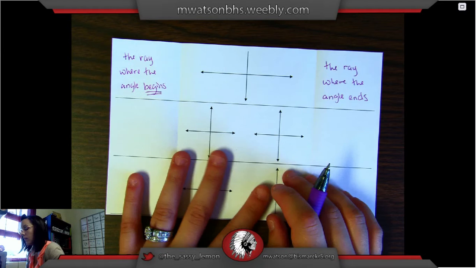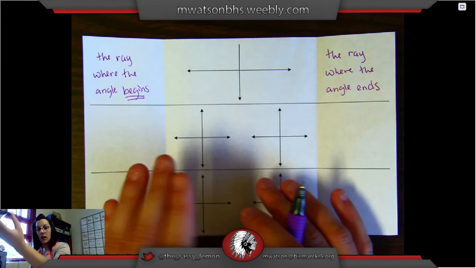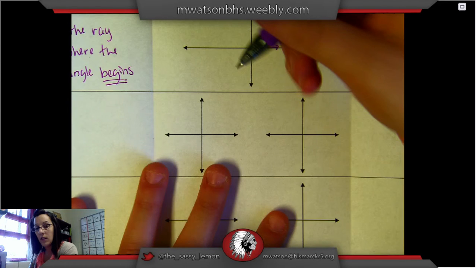All right. Now in the middle here on this grid, we're going to go ahead and draw an angle. Put one ray on the positive x-axis, and then the other ray over here in the second quadrant, like that.